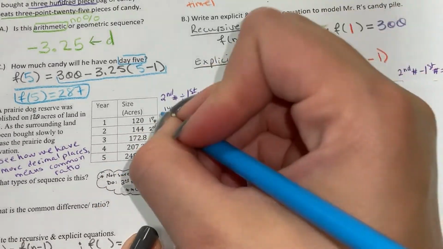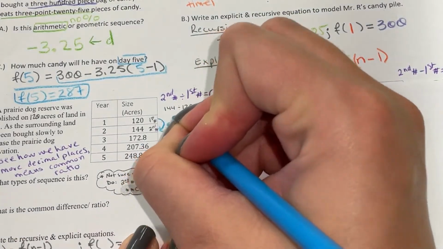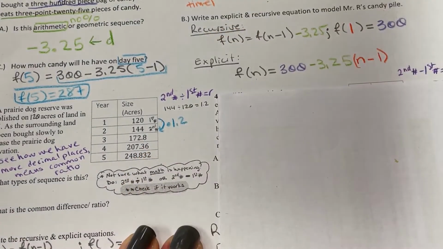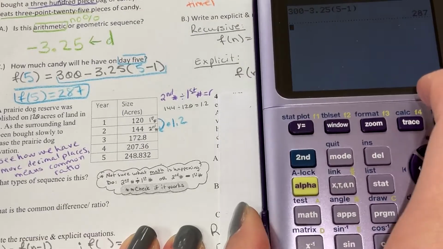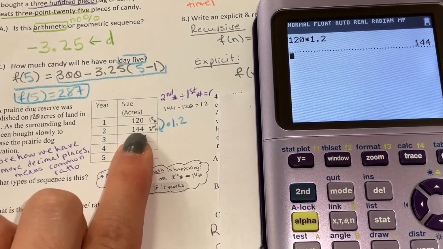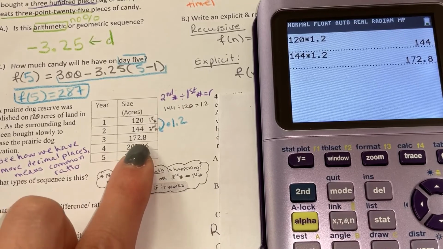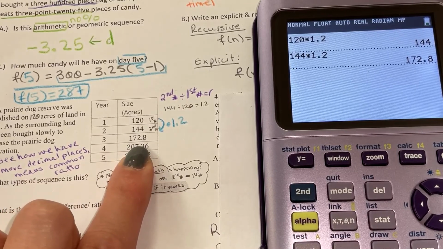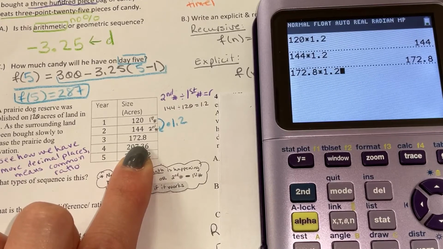So I'm gonna check that multiplying by 1.2 is the math we are doing down our table. So I'm gonna use my calculator and I do 120 times 1.2 and I get 144. Then I do 144 times 1.2 and that gives me 172.8. Then I do that again, just double checking that everything is still working.